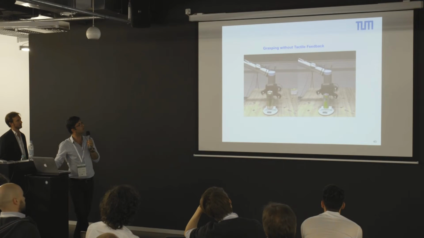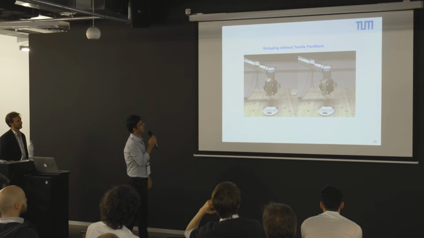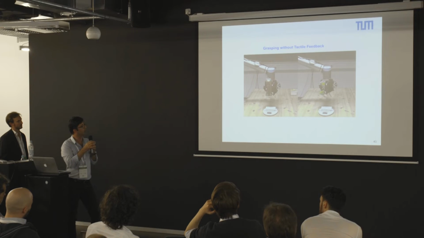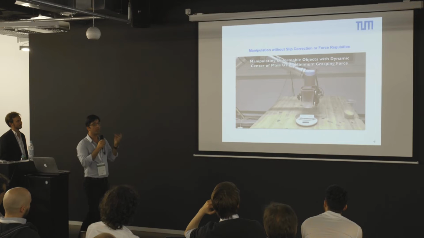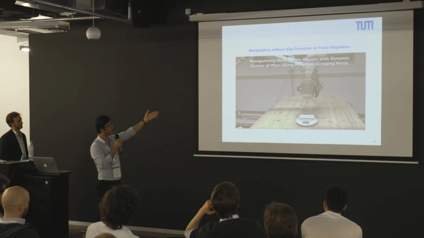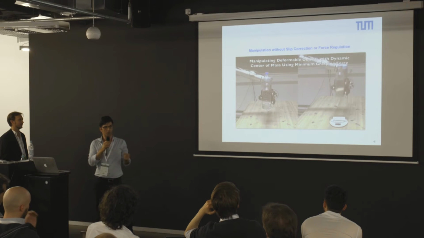So let's go back to the grasping part. If you remember, I said when we don't have a sense of touch, the robot can easily smash the objects. So even if the robot is able to grasp the objects here with a minimum grasping force, the object still slides within the robot because there is no slip detection or grip force control here.